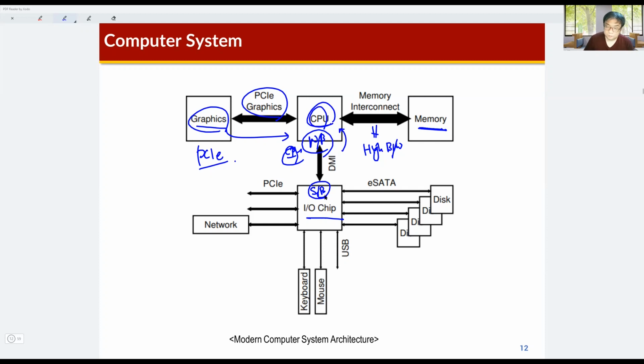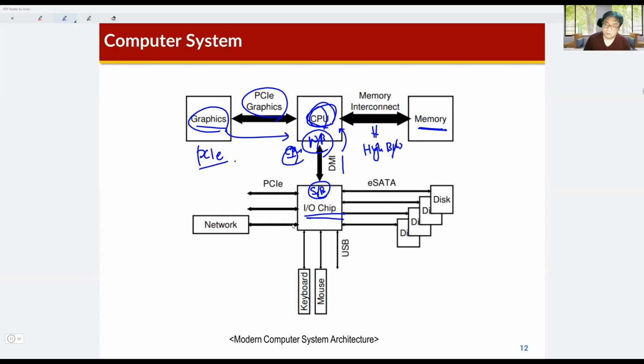So the CPU chip includes the memory controller and graphics interface. And then the CPU and I/O chips are connected via DMI in the Intel architecture, the Direct Media Interface. And in the Southbridge chip, each I/O device is connected point to point.